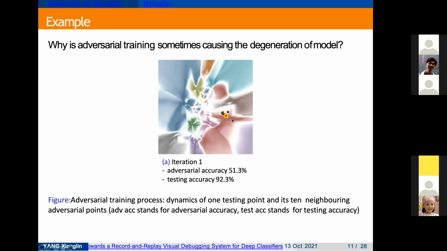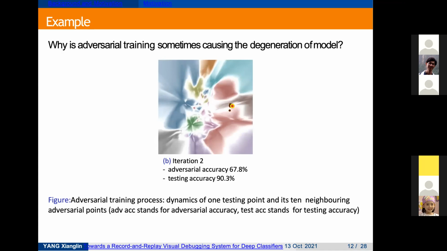So here, the red point with a yellow circle is the testing point, which is correctly classified at first because it lies on the red territory, and around it are its 10 nearest adversarial samples. At first, the adversarial samples are wrongly classified. And then in the next step, the adversarial samples are being pulled to their correct territory in the adversarial training process.